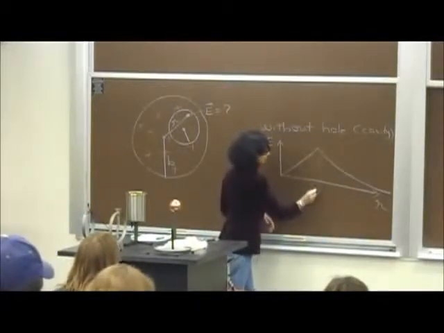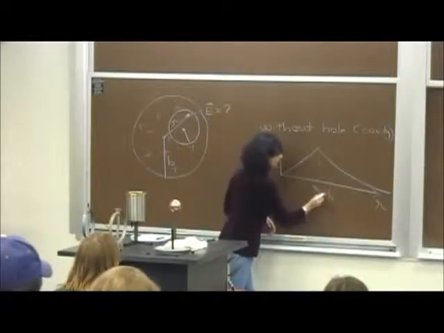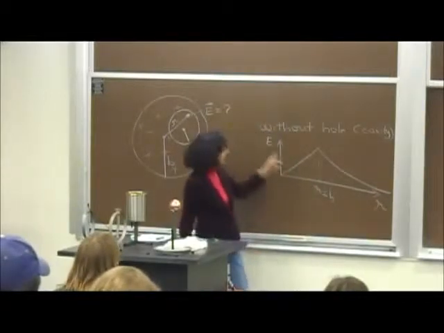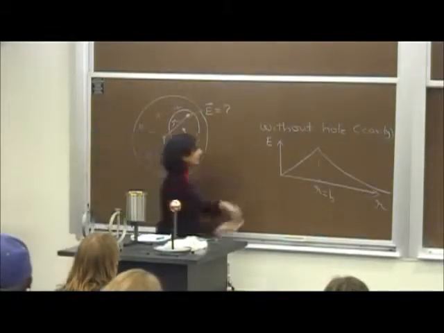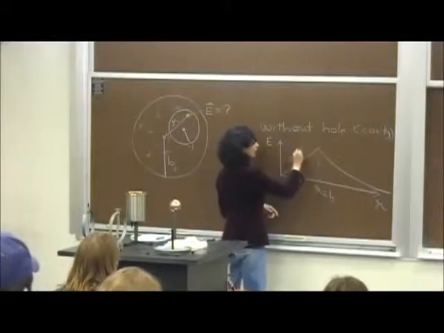This is r equal to b, the radius of this big sphere. Do you remember that? Initially E is proportional to r.